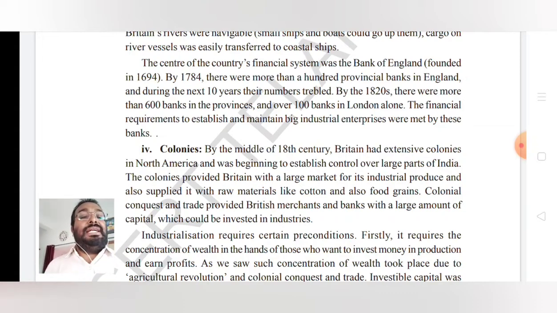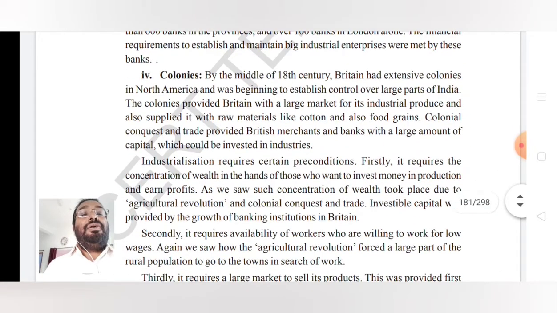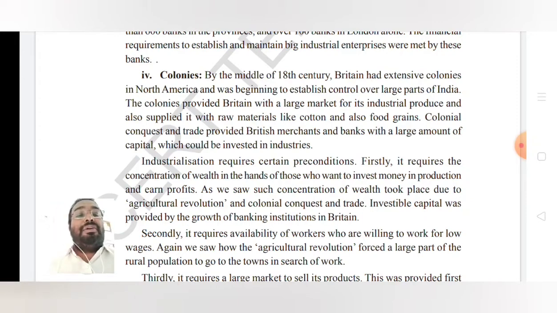Industrialization requires certain preconditions. First of all, it requires concentration of wealth in the hands of those who want to invest money in production and earn profits. As we saw, such concentration of wealth took place due to agricultural revolution, the colonial conquest and trade, and investable capital provided by the growth of banking institutions in Britain.